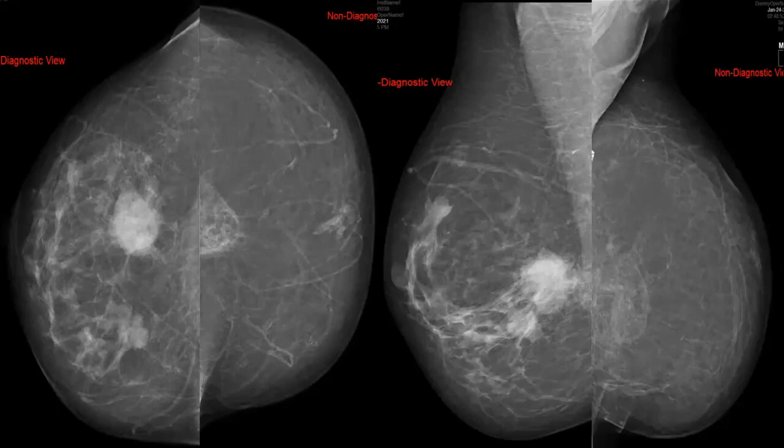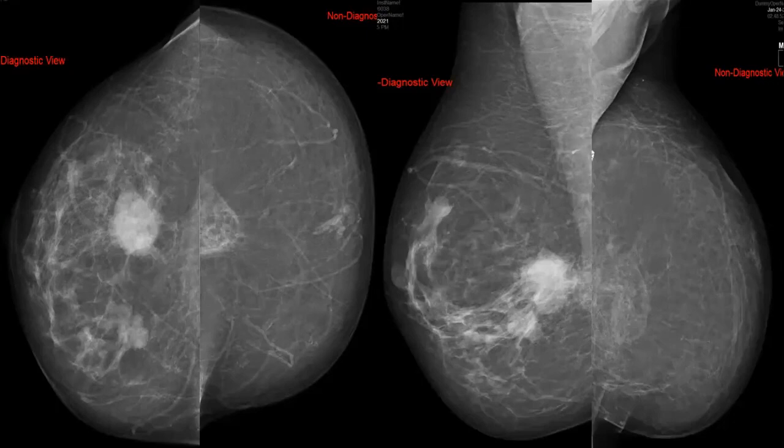Okay, this CC view. First of all, the image quality of the MLO view is not so adequate.